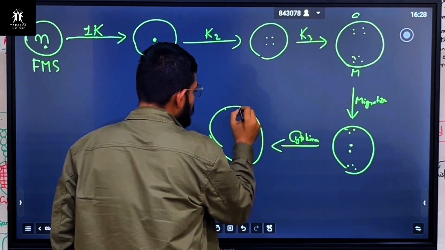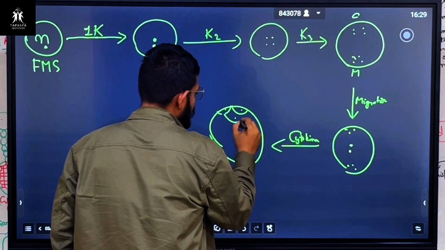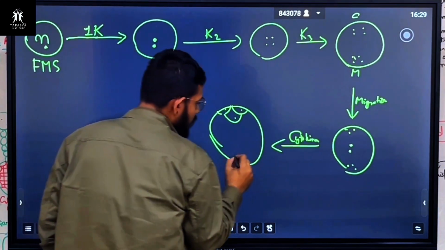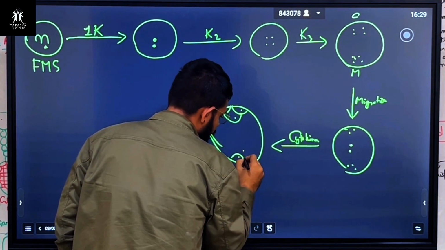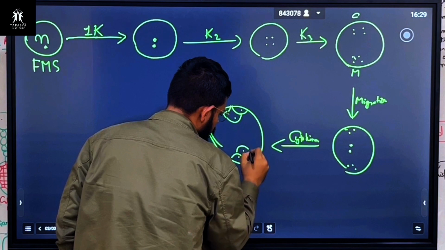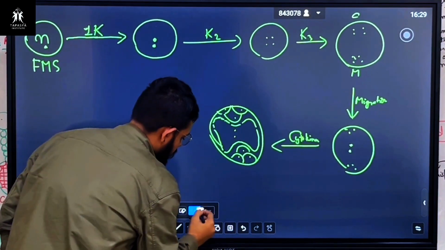So three nuclei are here, 1, 2, 3, at the micropylar end, and 2 in the center. We will draw this with a different color.